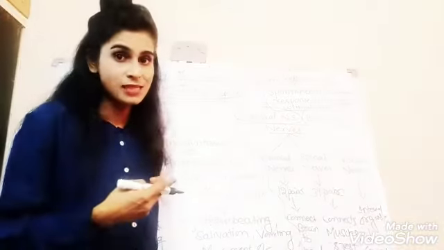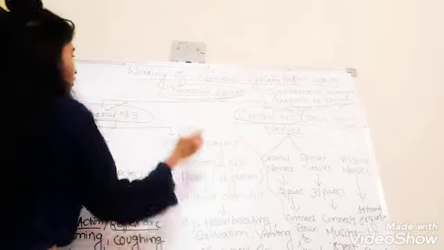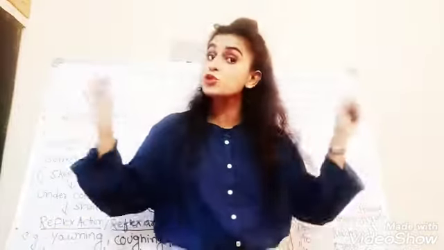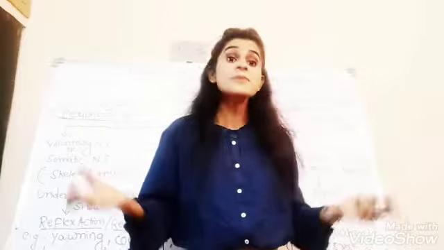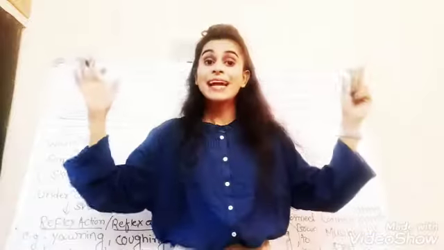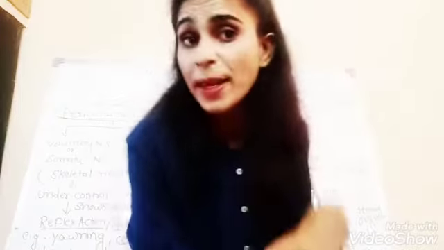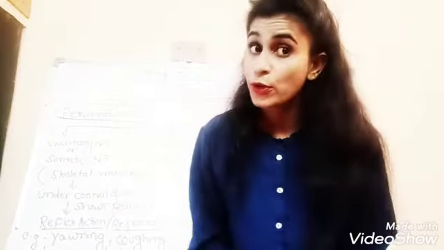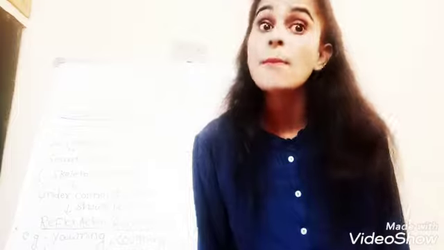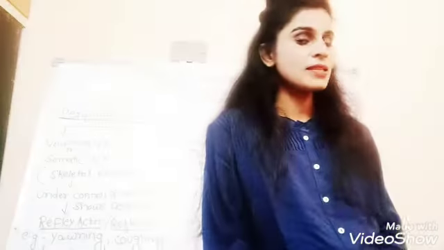Can you see it, guys? What are the 2 types? They are your peripheral nervous system and central nervous system.